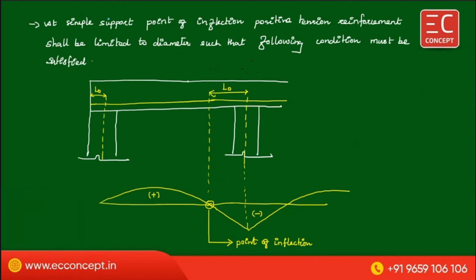So that's the thing. Next one, at a simple support, the point of inflection. So this is the beam. If you draw a bending moment diagram, this point is an inflection point. At the point of inflection, the positive reinforcement shall be limited to a diameter such that the following condition must be satisfied, as per IS 456.